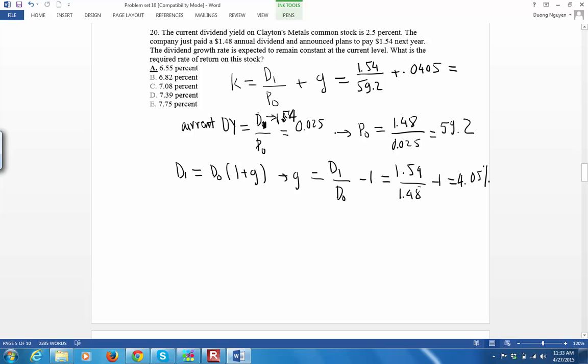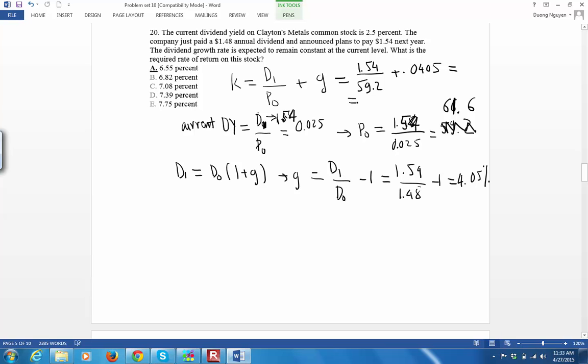So P0 is 1.54 over 0.025, which is equal to 61.6. And the growth is still the same, D1 over D0 minus 1, 4.05%.